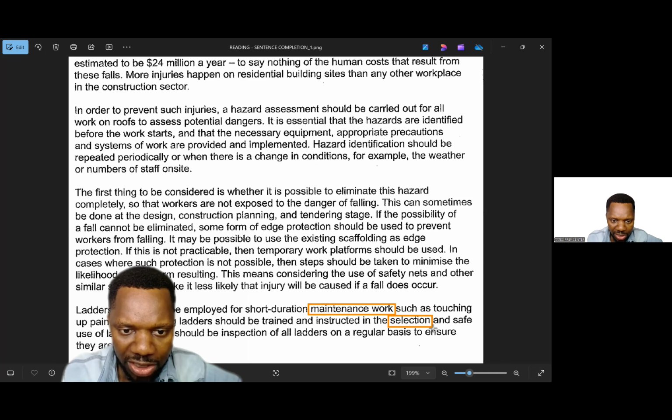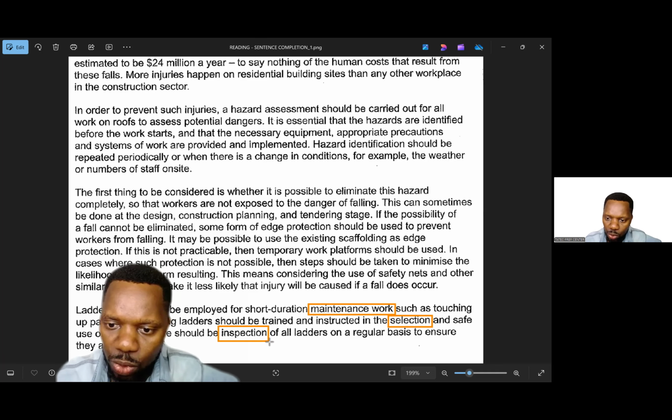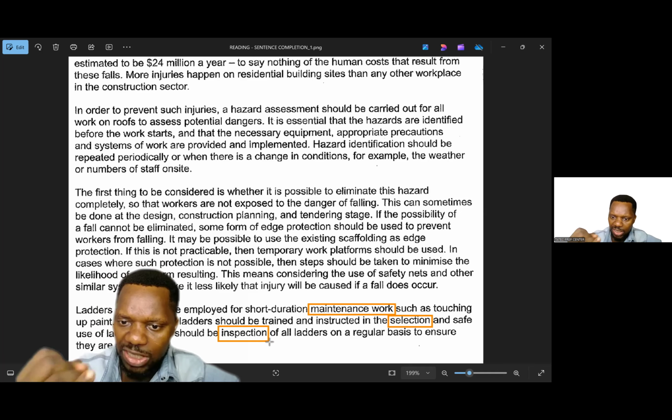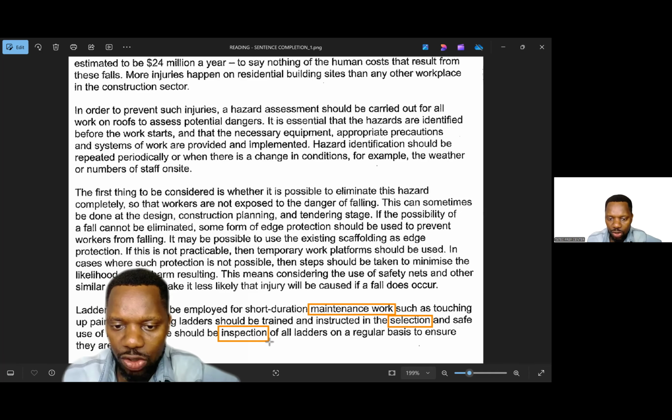Then lastly, there should be inspection of all ladders on a regular basis to ensure they are safe to use. So inspection is the best answer for question 22. So I will take us back to the questions. Maintenance work for 20, selection for 21, inspection for 22.